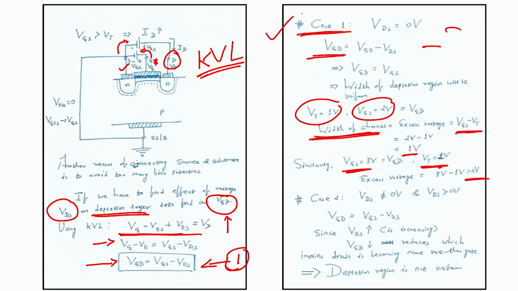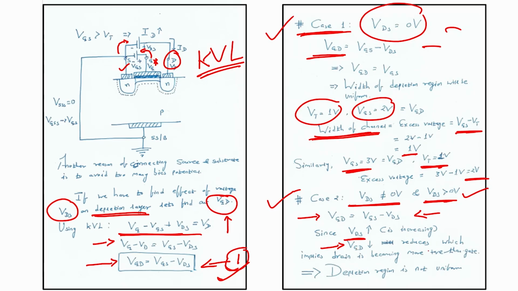So case 1 was when Vds equals 0 volts. Now case 2: Vds is not equal to 0, it is greater than 0 volts. Using equation 1, since Vds increases, Vgd would decrease.